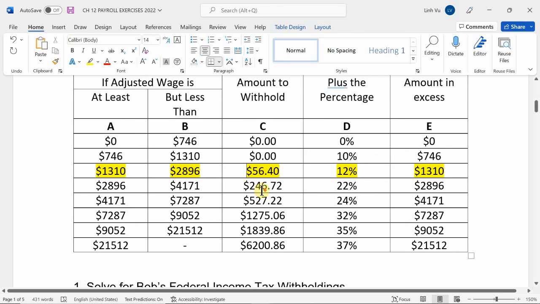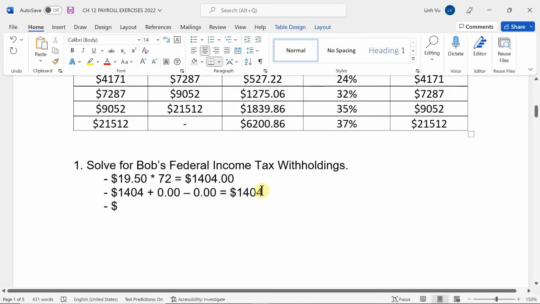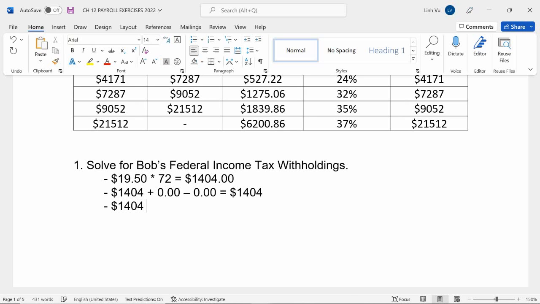So in this case, how do I calculate how much in excess he's earned? You're going to do 1404 minus 1310. And that gives you $94. Then you're going to do 94 times 12%.